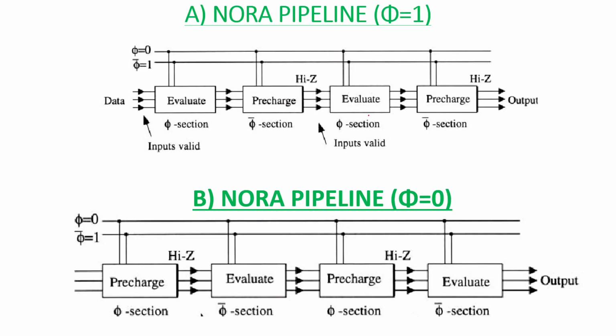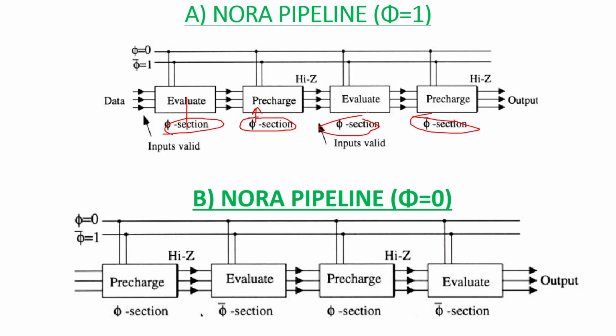So here we can see the NORA pipeline. You can see the alternating connections of phi sections and phi bar sections. So here we have phi, then phi bar, then again we have phi here and phi bar here. So when phi equal to 1, the phi section is undergoing evaluation and the phi bar section is undergoing pre-charge.